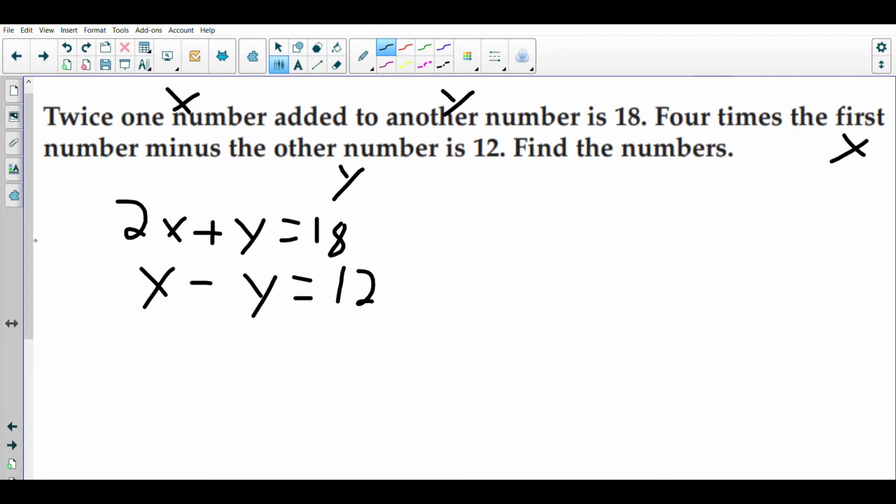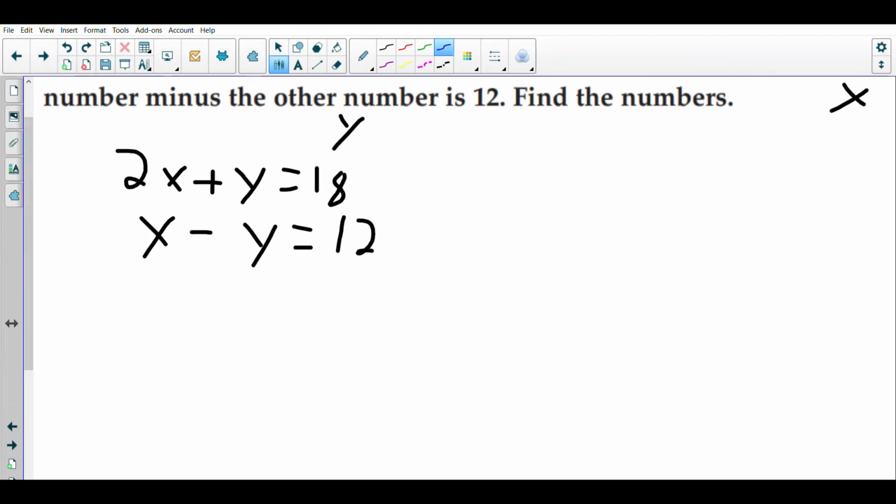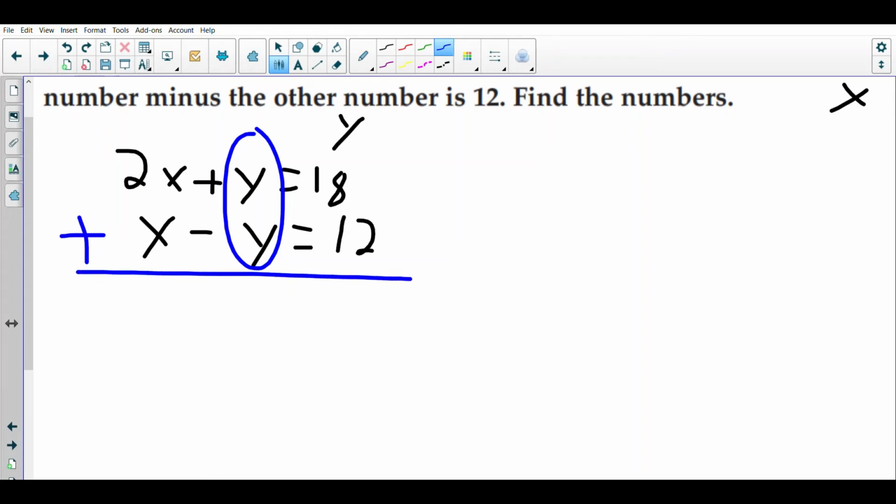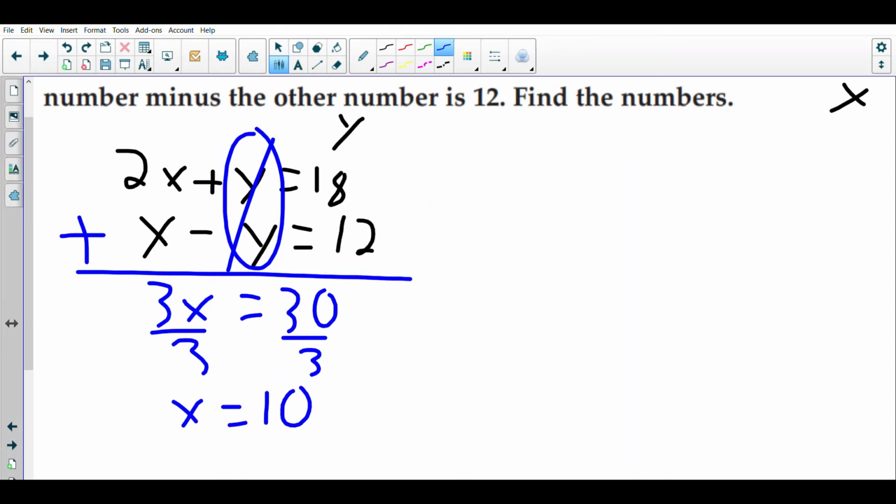So now I just want to figure them out. Well, I see right here that they're opposites because I have positive y and negative y, so I'm going to add the two equations. So 2x plus x is 3x. The y's cancel, and that is equal to 30. Divide by 3, so x is equal to 10. Plug that in.